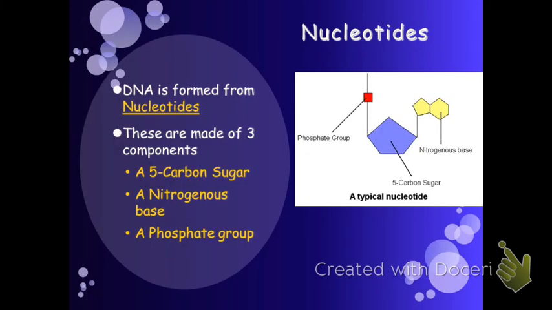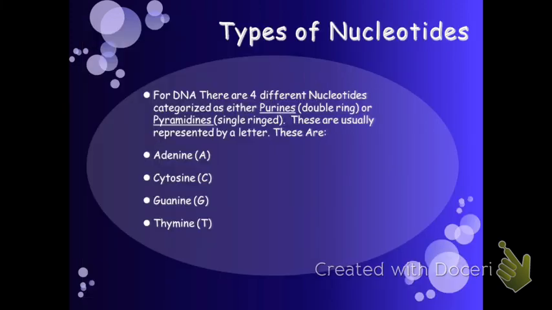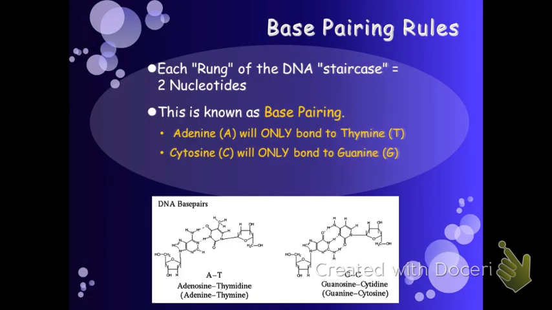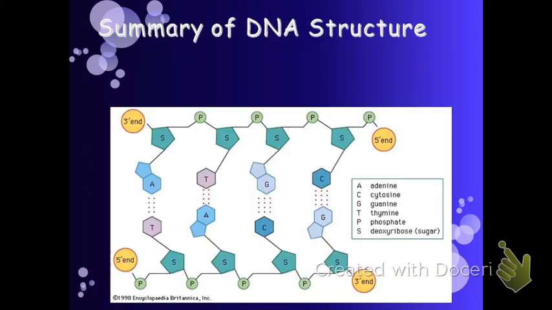When you go back and look at this DNA, they're just slightly different, but those differences can mean quite a big difference later on down the road. Here's something more detailed.